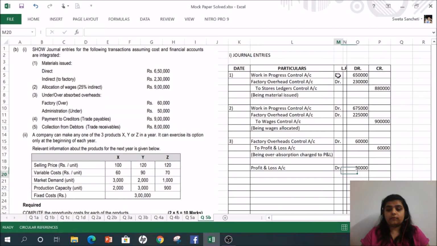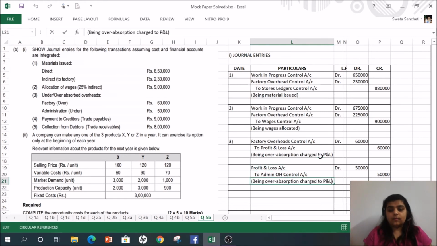That means our profit will reduce to admin overhead control account by 50,000, being under absorption charged to P&L.